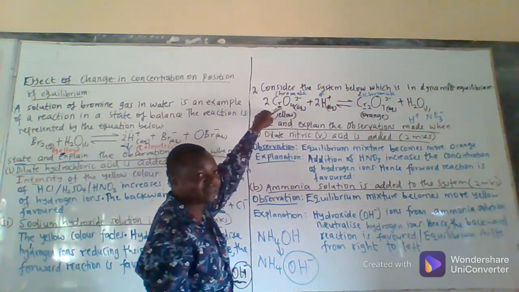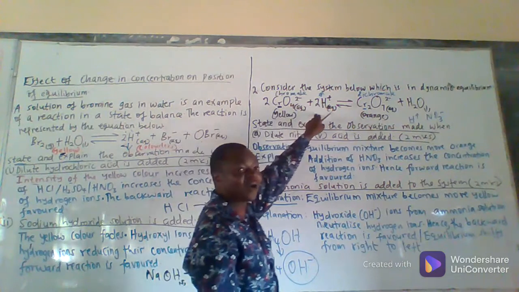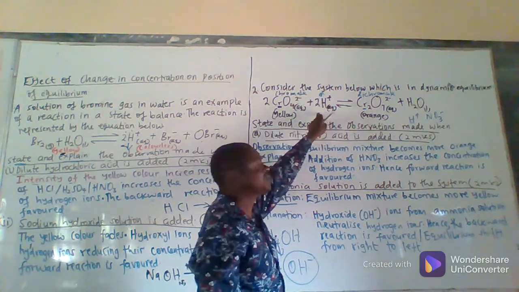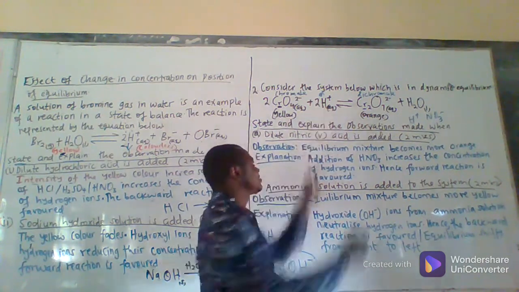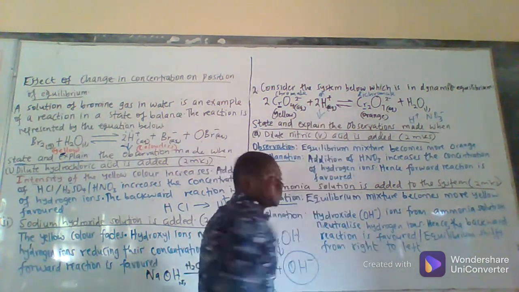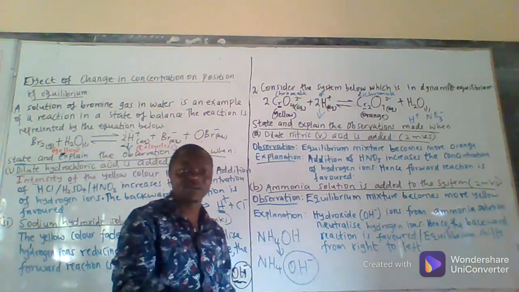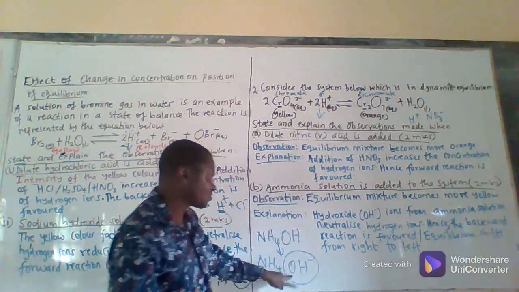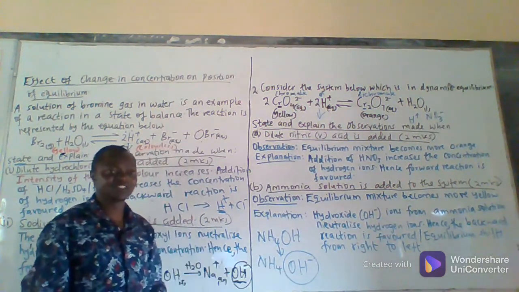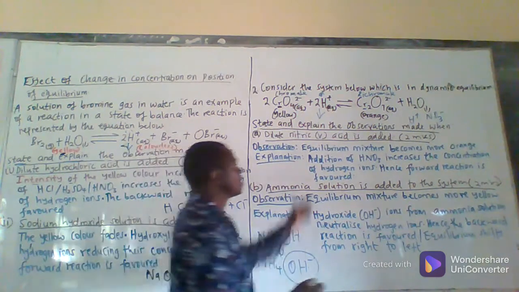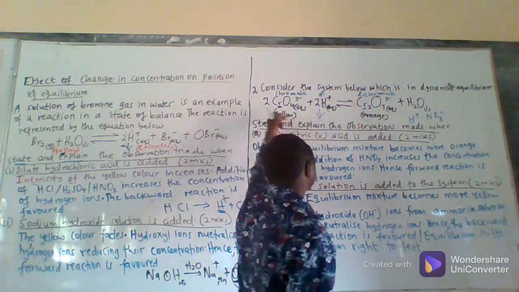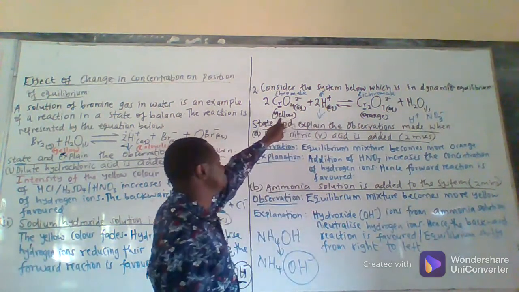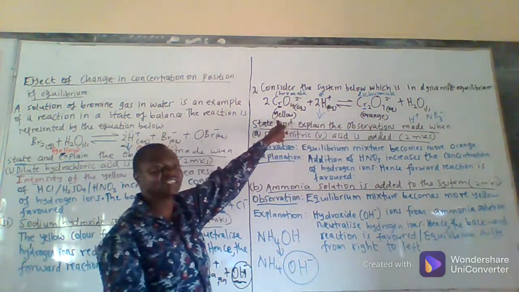And looking at the system, the hydroxide ions are going to neutralize the hydrogen ions and reduce their concentration. So the concentration of hydrogen ions is going to go down because they have been neutralized by the hydroxide ions. And by so doing, the backward reaction is favored. And since the backward reaction is going to be favored, the equilibrium mixture is going to become more yellow.